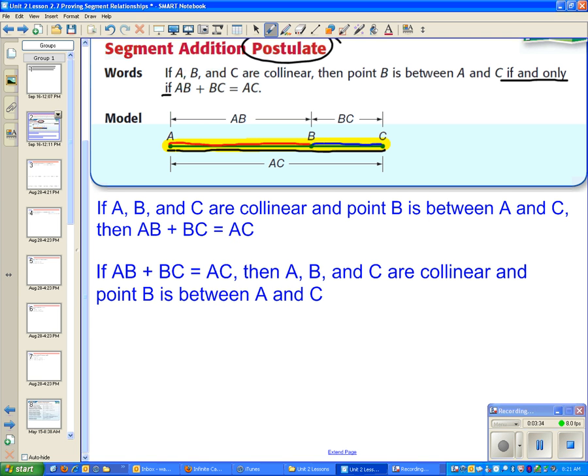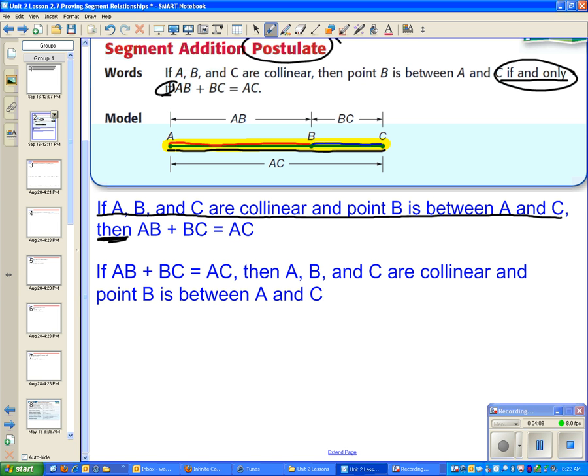What it means is, first, you read the sentence the way it's written: if A, B, and C are collinear, and point B is between A and C, and the if and only if is replaced with then, AB plus BC equals AC. Then you can also read the sentence in the other order. That's called the converse. When you change the order of an if-then statement, you get its converse.